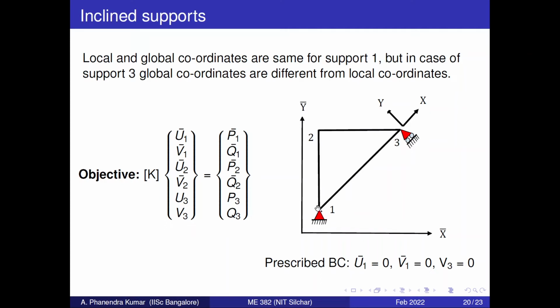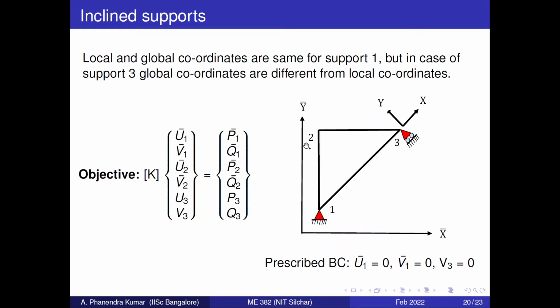So for node 1, both the local and global coordinate systems are the same. Irrespective of whether you evaluate in the local or global, it does not matter for node 1. But if we consider node 3, that is not the case. The local coordinate system is different from the global coordinate system.